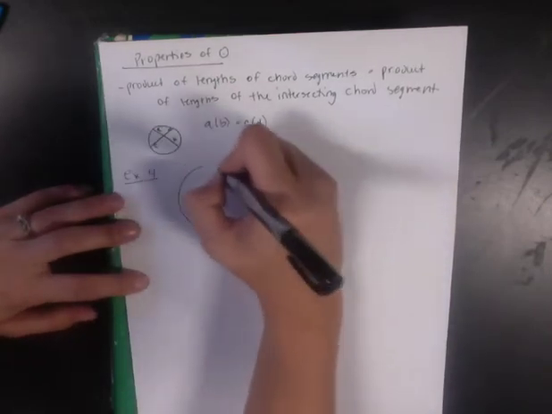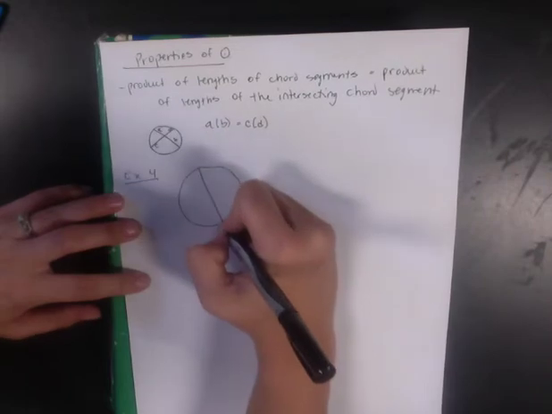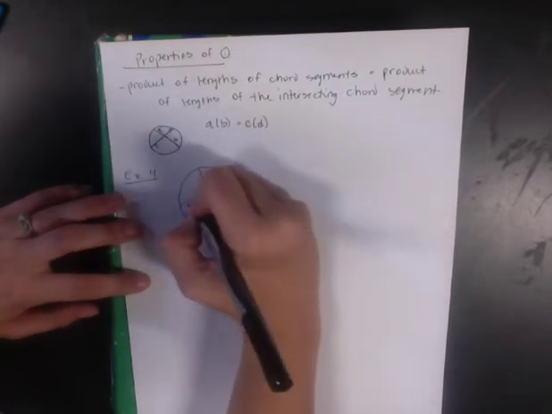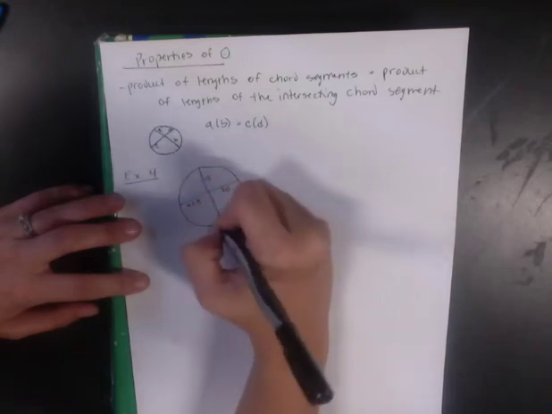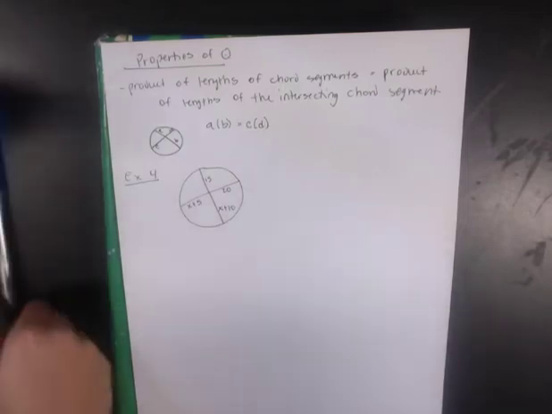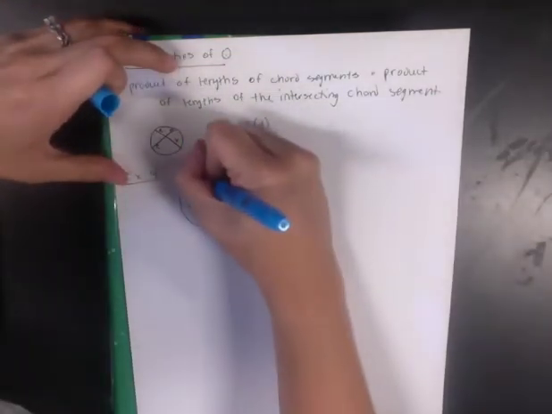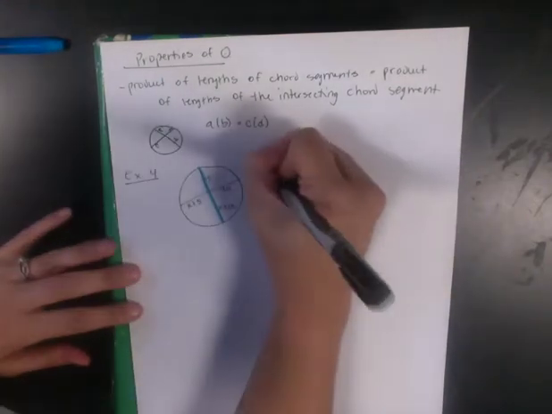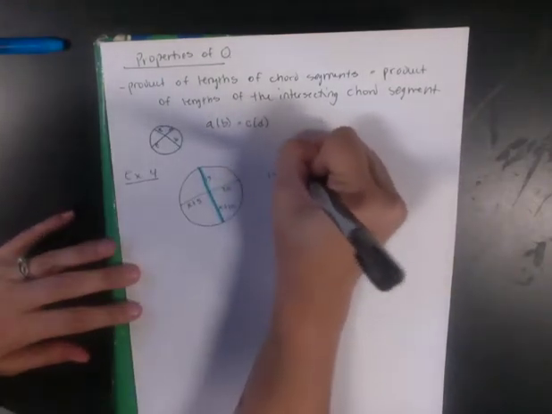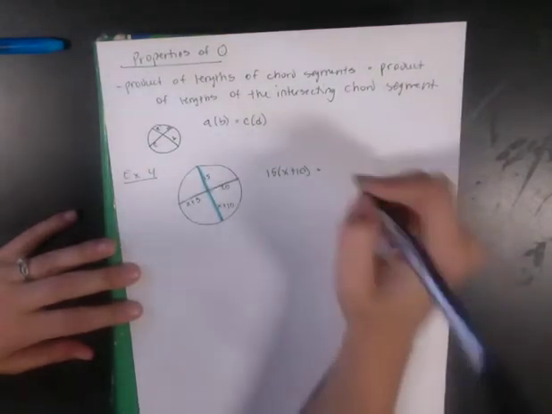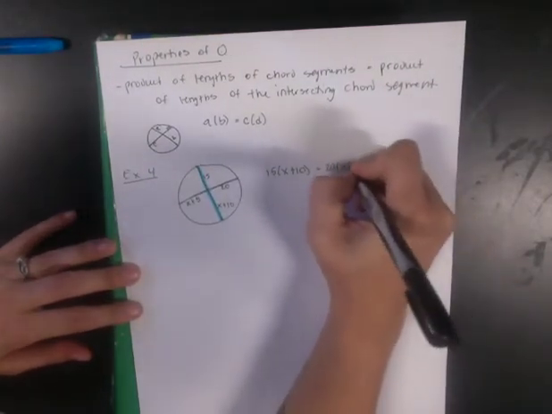We have this circle. Okay, so my one chord length I have here, I can do the product, 15 times x plus 10, and it equals my other chord length here, which is 20 times x plus 5.